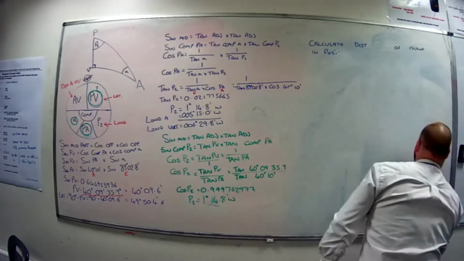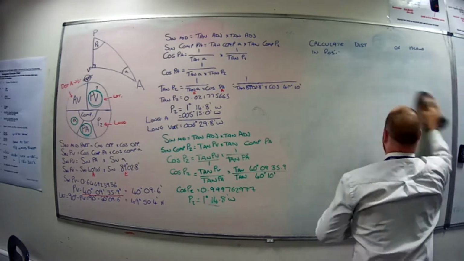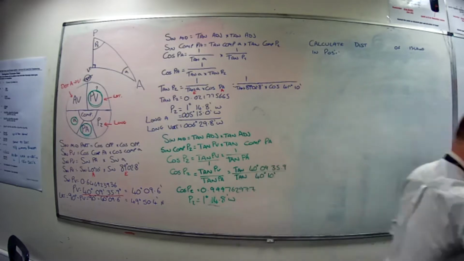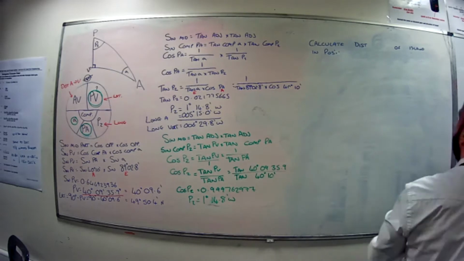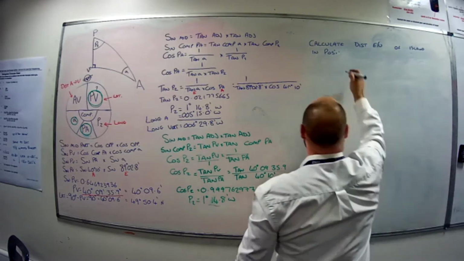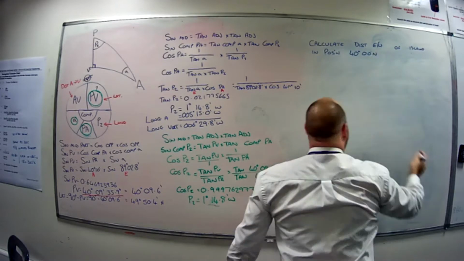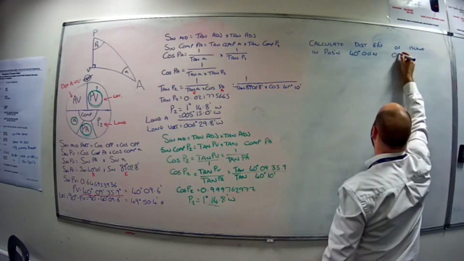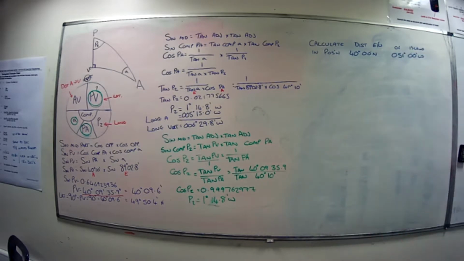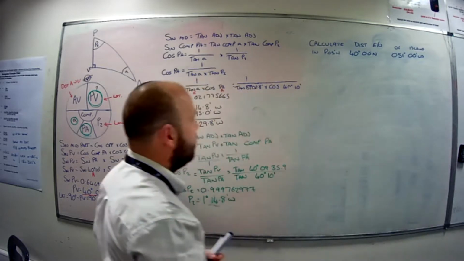East or west of an island is very similar, but we have a very slightly different step at the end, which people often overlook and trip themselves up with. So say calculate the distance east or west of the island in position, let's say 40 degrees north, we'll keep it nice and simple, 51 west. So, calculate the distance east or west of the island.